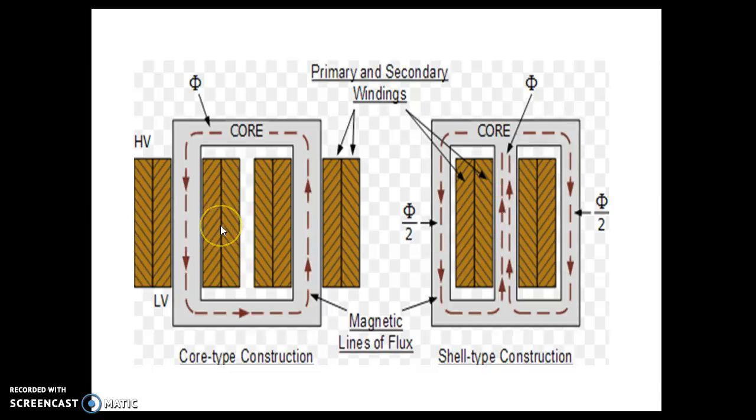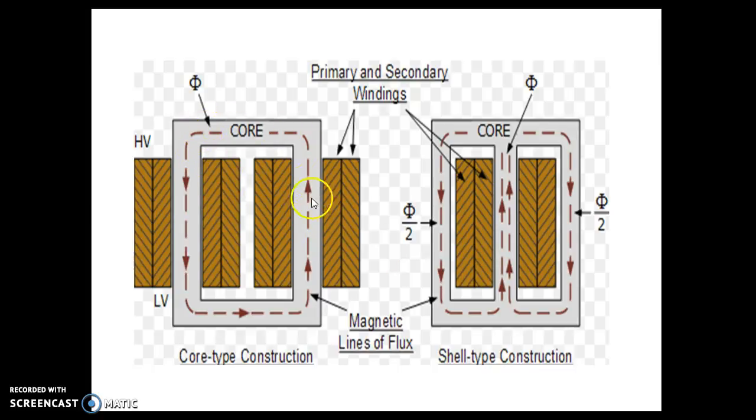In the core type transformer, the iron required for the core is less, whereas in the shell type it is more required. But in the core type transformer, the conductor required for the winding is more, so the copper requirement is more in the core type, but in the shell type the copper requirement is less.